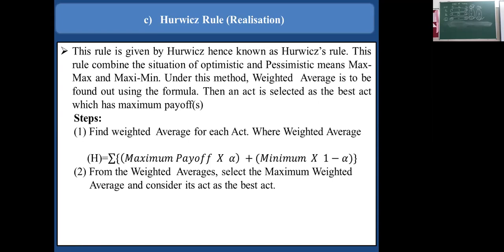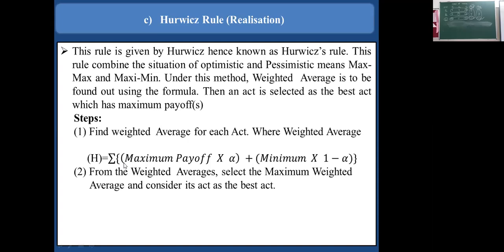Step number 1: first of all, we have to find the weighted average for each act using the following formula, where H means Harvey's. So according to Harvey's rule, the weighted average is the sum of maximum payoff into alpha plus minimum payoff into 1 minus alpha.